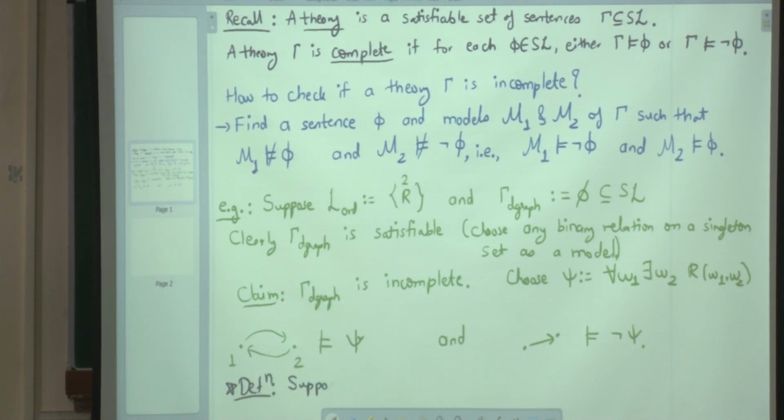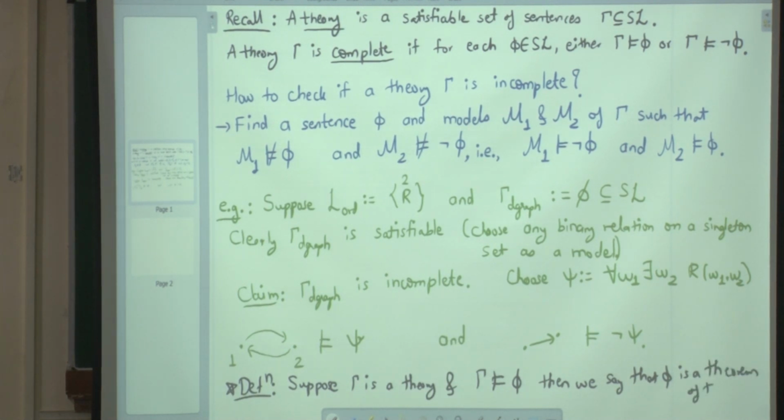Suppose gamma is a theory and phi is a logical consequence of gamma, which by completeness will mean that there is a proof of phi from gamma. But we are not talking about completeness here, so you can understand. Then we say that phi is a theorem of theory gamma.